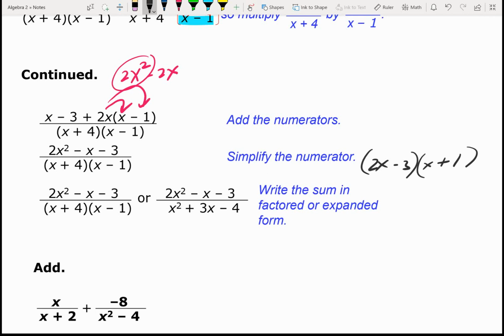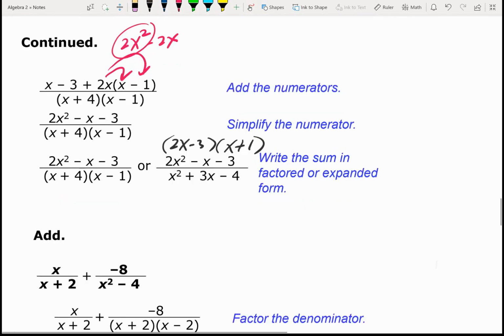This would actually have factored into 2x minus 3 times x plus 1. But notice I would not be able to cancel out either one of those factors with the factors in the denominator. So we can leave it that way.